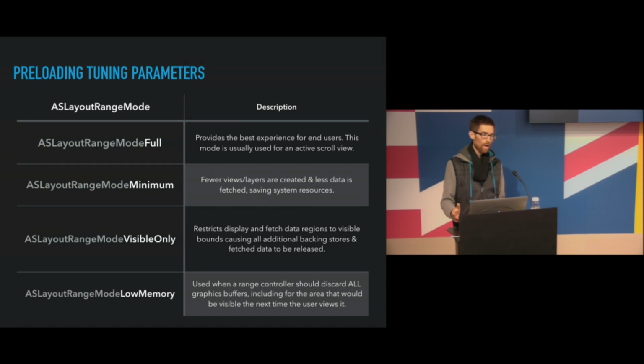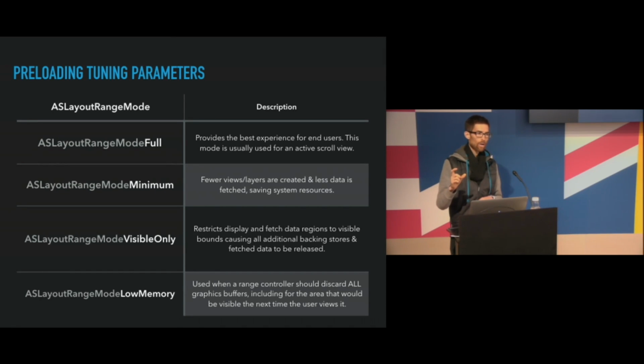So how can we reclaim memory? How can we do it in an intelligent way so that ASDK can manage memory? We added two more range modes: visible only and low memory. Visible only means that only the nodes in the visible area you saw before, the red one, have data and are rendered.